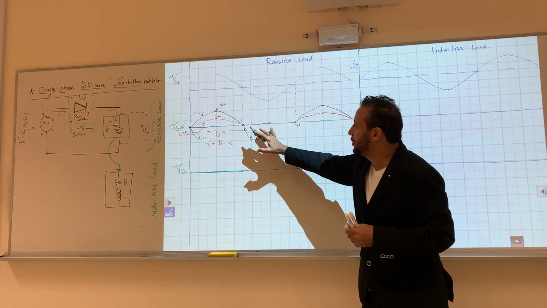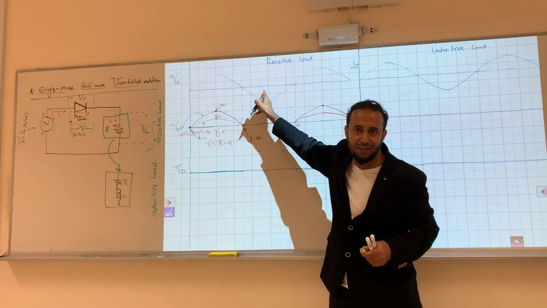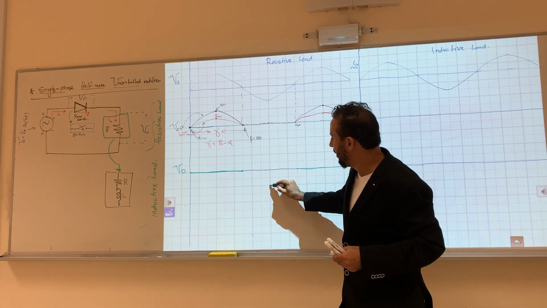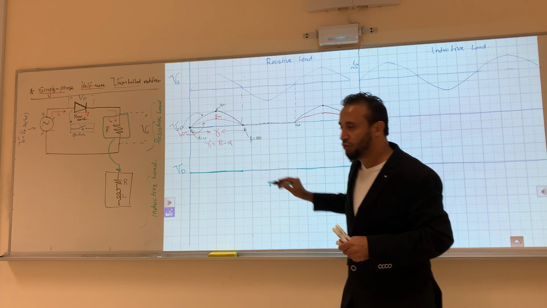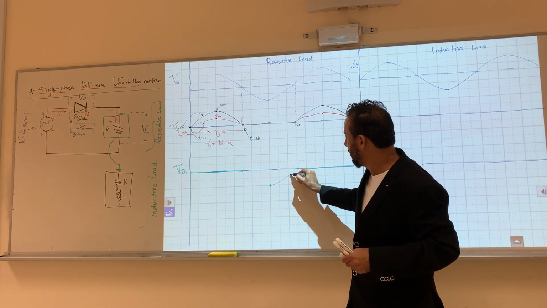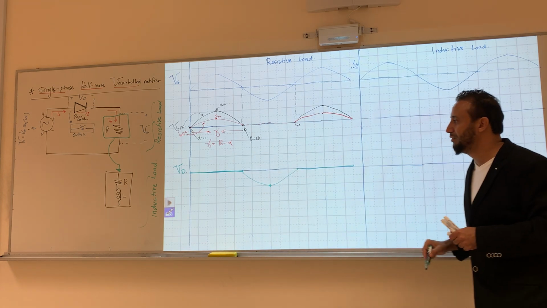So what's the voltage of the V diode? What's left here? You start from your peak. What's left from the source? Negative? Yeah, it will be negative. So here, I start from the peak. That's V diode.